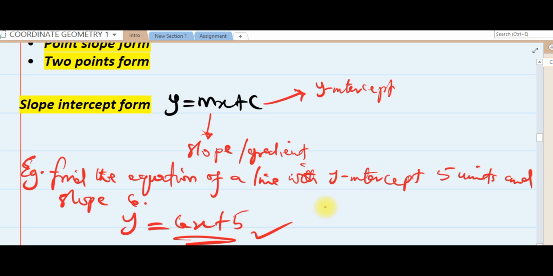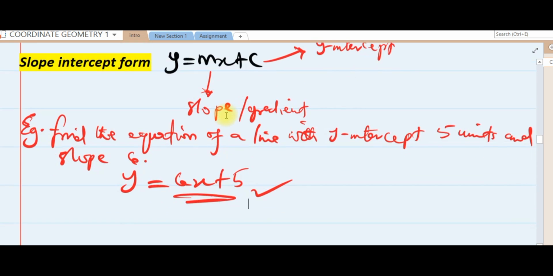So that's our answer. So whenever you are given anything of this form, you use this one. This is the first one.